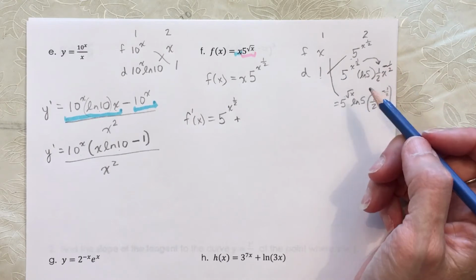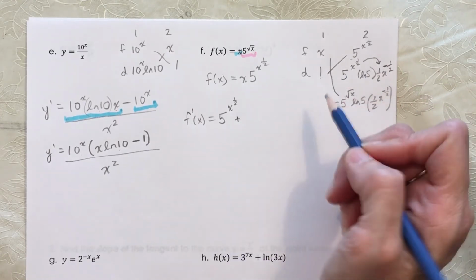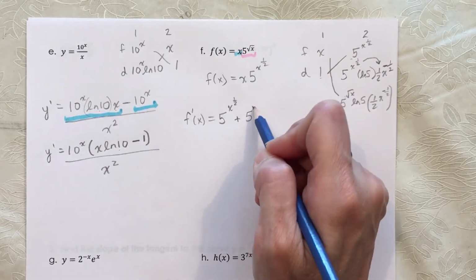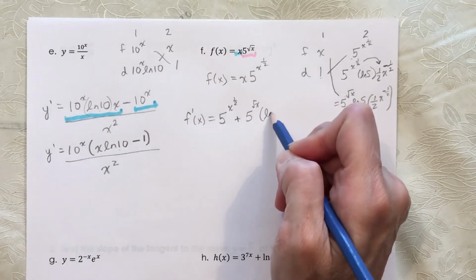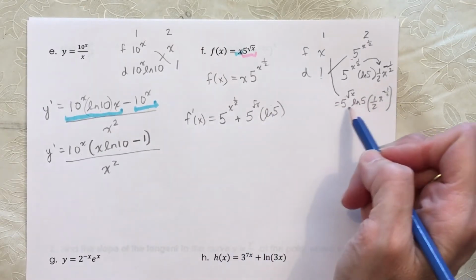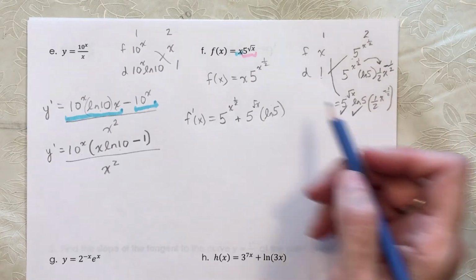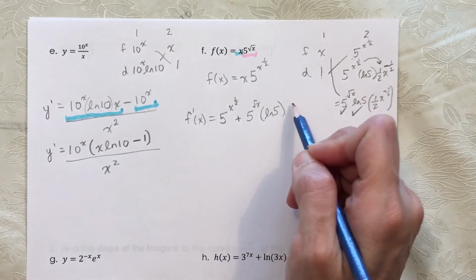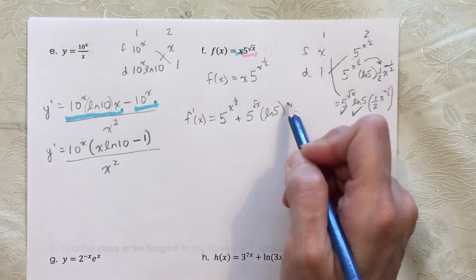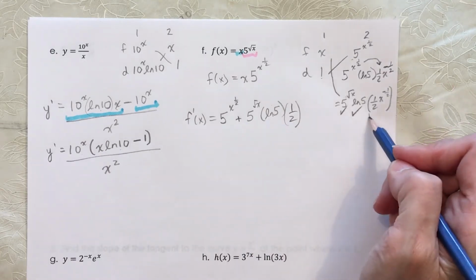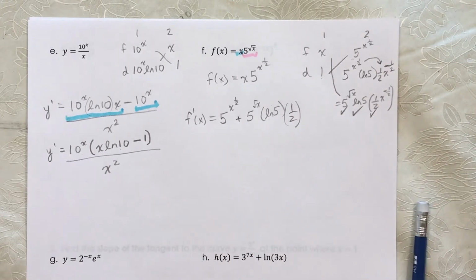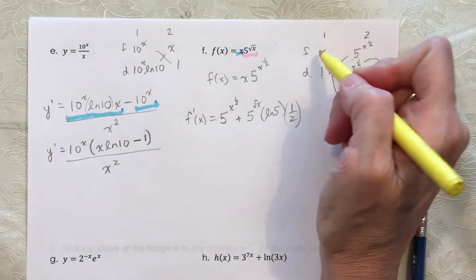So I can see I'm going to have the 5 to the root x, and then the ln of 5. So this and this. And I'm going to have the 1/2. And this.